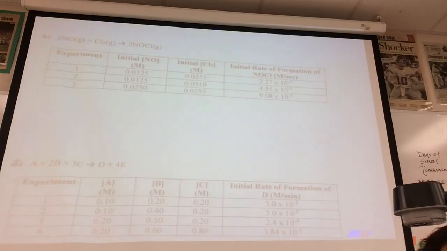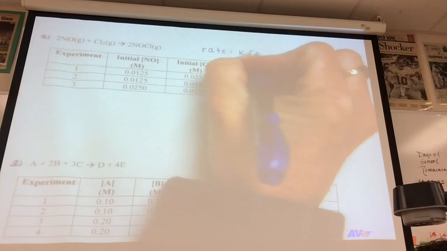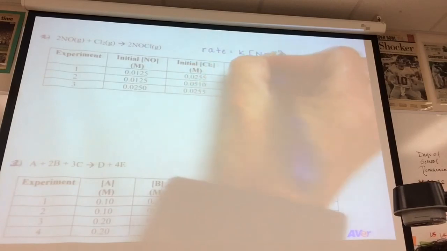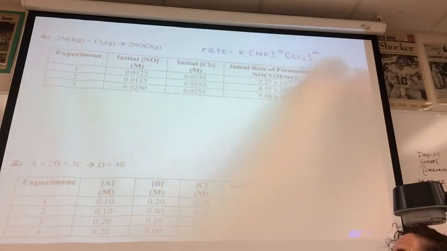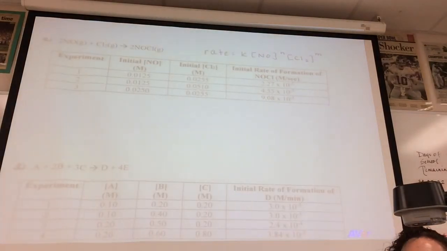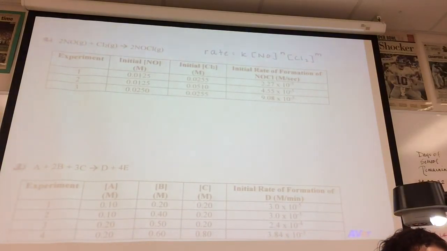I want to figure out the rate law, so I'm trying to figure out n and m. I know the rate law will look like this. It doesn't matter what you start with. I just look at what pops out at me.